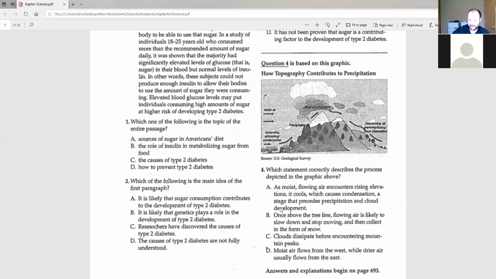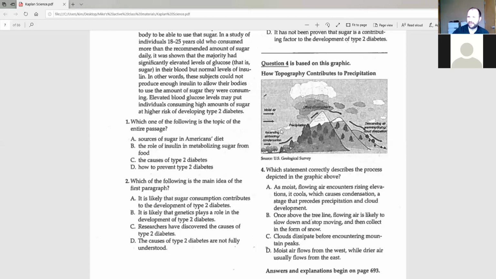And lastly, B, once above tree line, flowing air is likely to slow down and stop moving and then collect in the form of snow. So, a few things that stand out to me as being wrong with this. Once above tree line, flowing air is likely to slow down and stop moving.